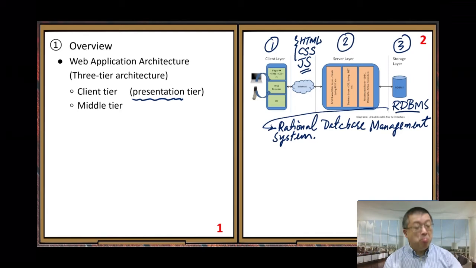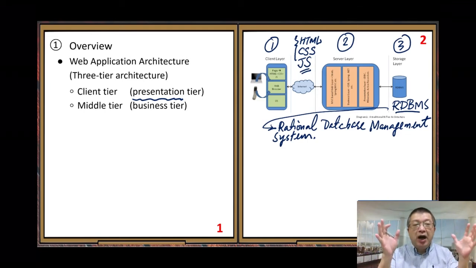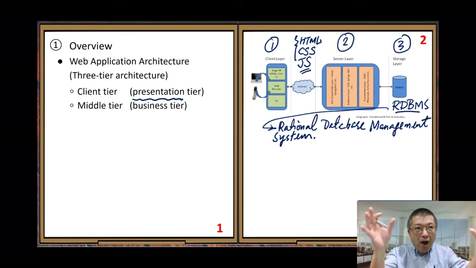The second layer, middle layer, sits in the middle. We also call it business tier. Middle tier, business tier, or layer. Because this is the main part where people do the business.